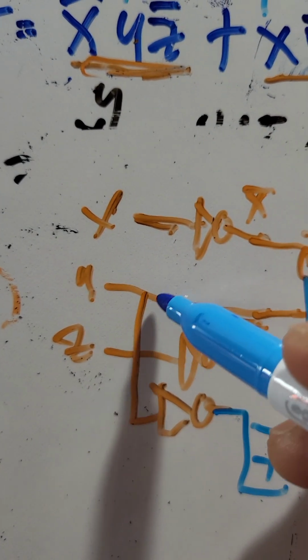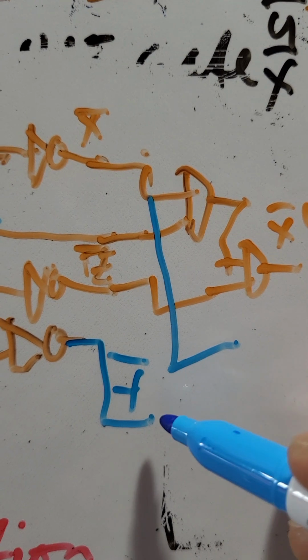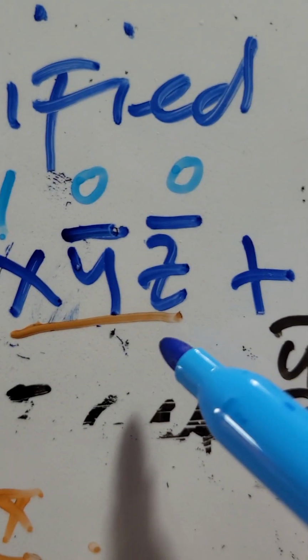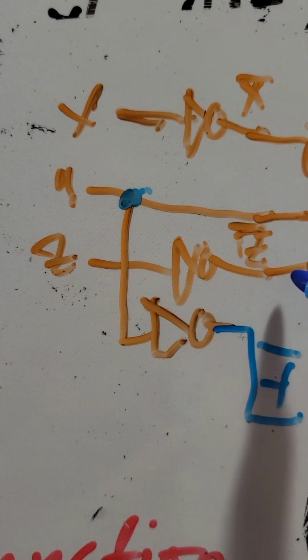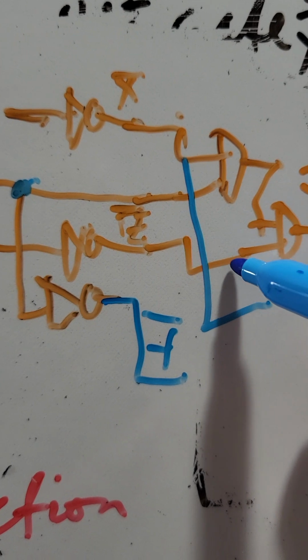This is y. Then the third variable is z bar. We already have z bar here, so you can connect here.